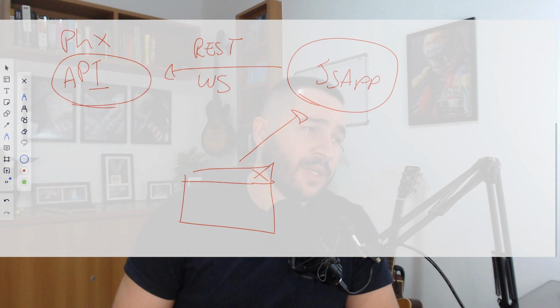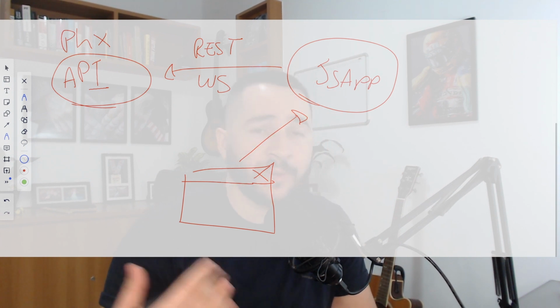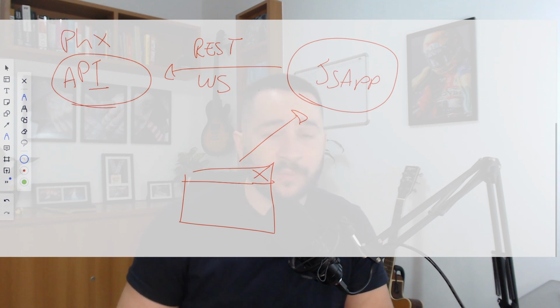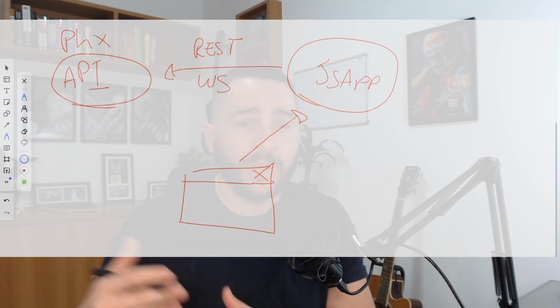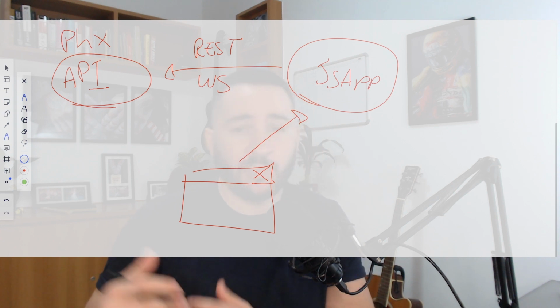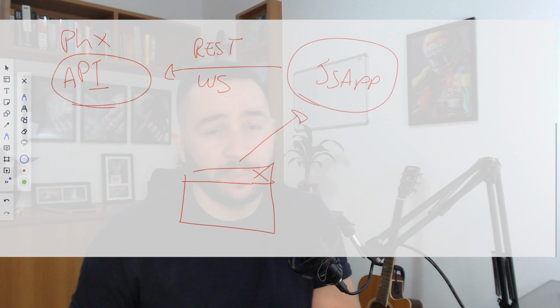Okay, the main problem here is that we have two segregated applications to manage. That means you maybe have two teams working on your solution, two deploy pipelines, two repositories. You have more work to solve one problem.